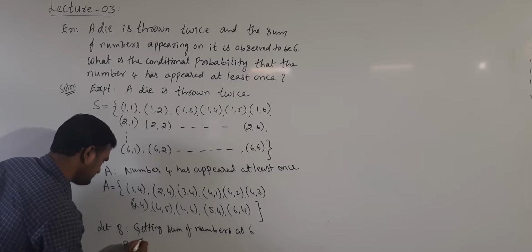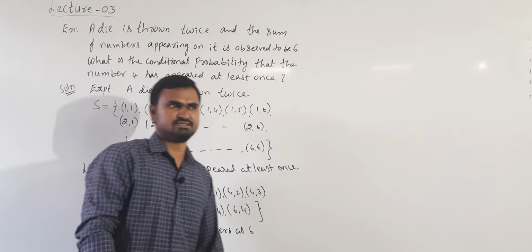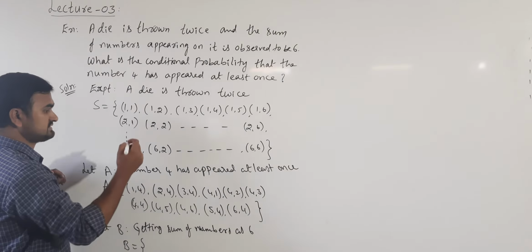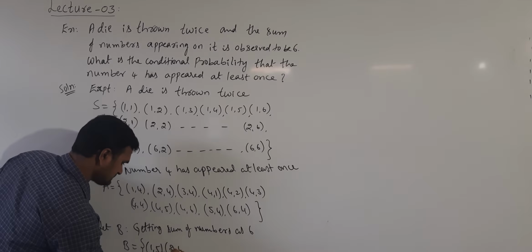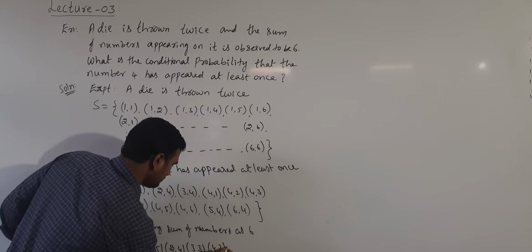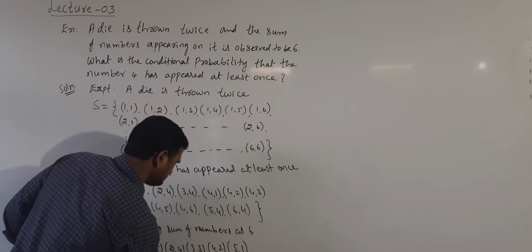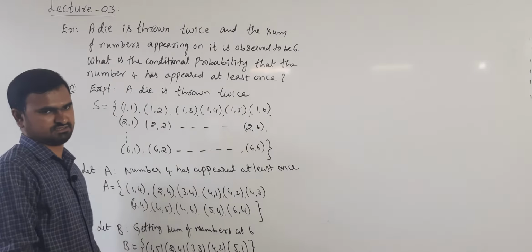What will be the elements of B? We need the sum of numbers to be 6, so I can take 1 5, next 2 4, 3 3, 4 2, 5 1. In these cases we get the sum of the numbers as 6.